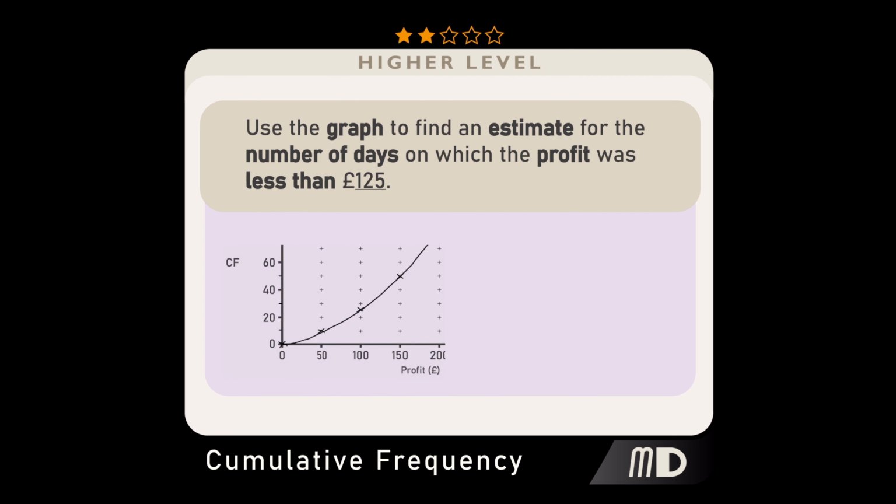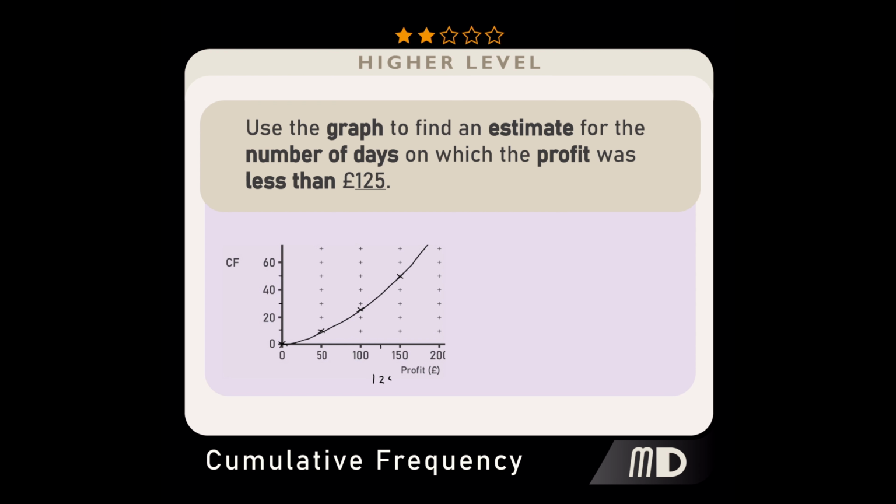This is the third part of a 4-part question. We've been asked to use our graph to find an estimate of the number of days when profit was less than £125. To begin, we need to find 125 on the x-axis, which is the profit axis.